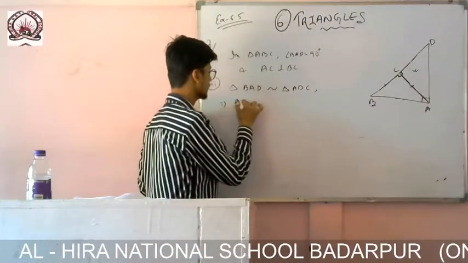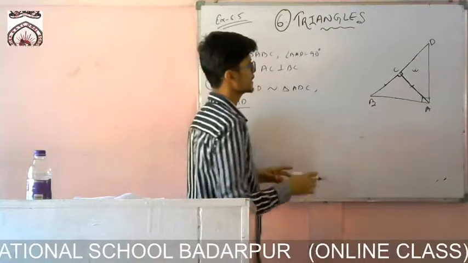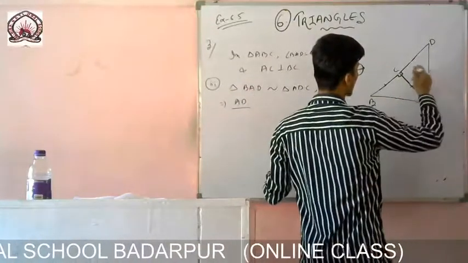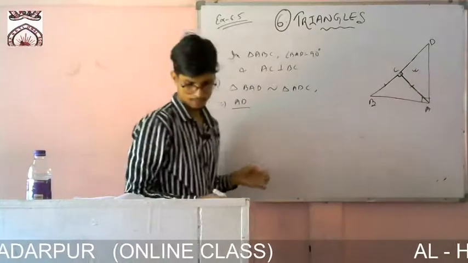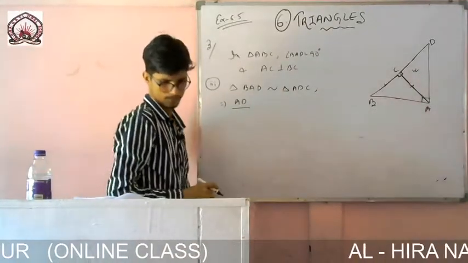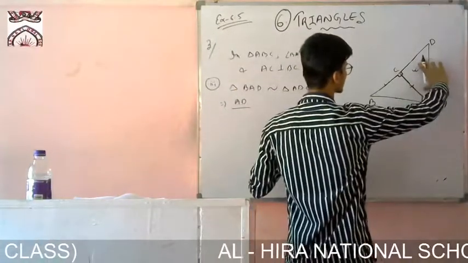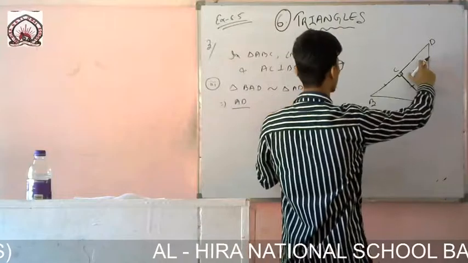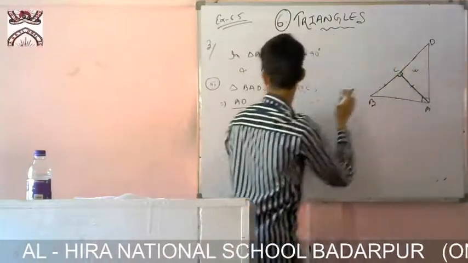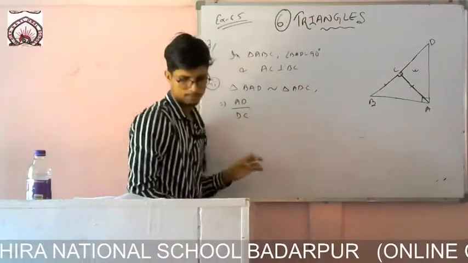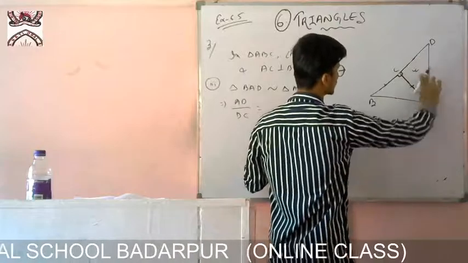So if I relate it, AD by which one I need in the question. You see AD I need. So AD, if I take this side, this is the hypotenuse for this BAD. First of all, I have taken the bigger one. So AD for this one, then for the whole triangle this is the side, then for this smaller one ADC, this is the height, so for ADC it will be AD by DC. For this one, this is the altitude, this one is 90 degree, this is the base.